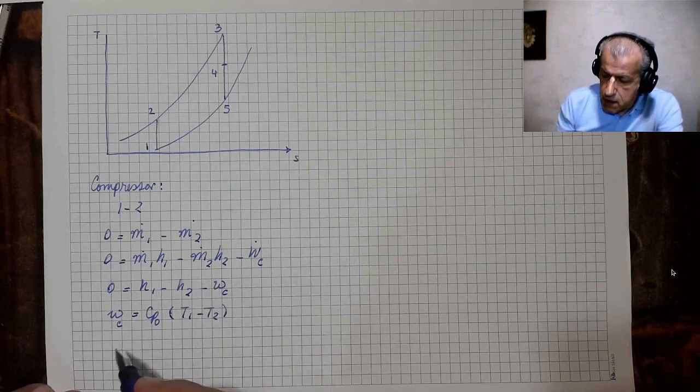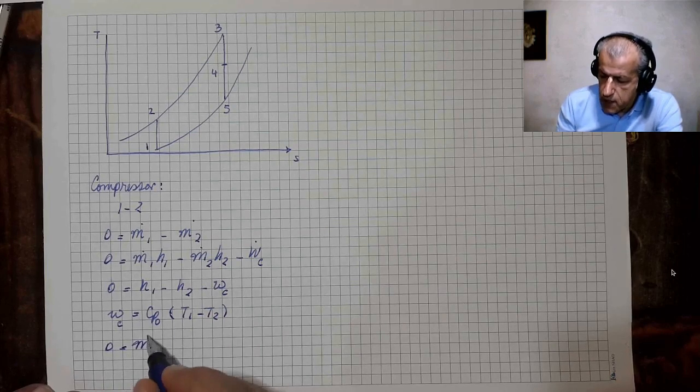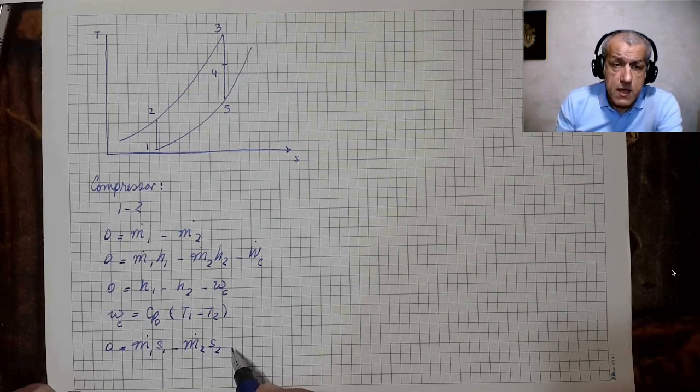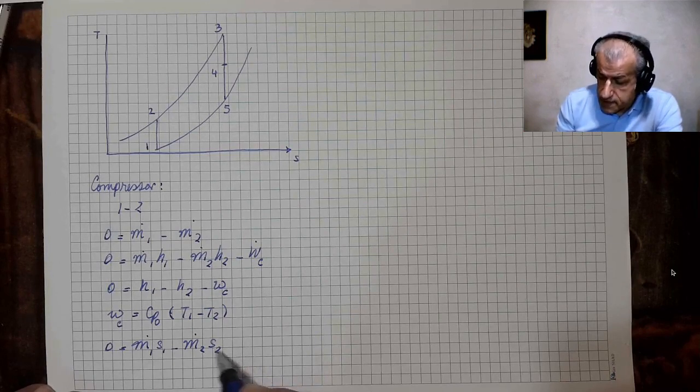The second law would be 0 equals m dot 1 s1 minus m dot 2 s2. There's no heat transfer. We are assuming the compression process to be adiabatic. And since for the time being we are assuming the compressor to be reversible, this is how it would end.